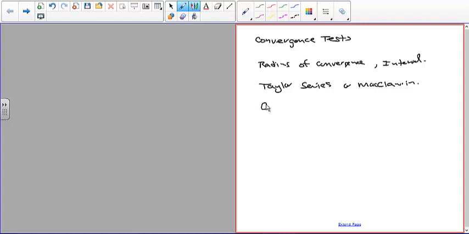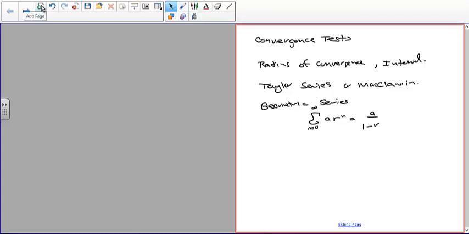And we also looked at deriving what the infinite series are from the result that the summation from n equals 0 to infinity of a times r to the n is equal to a over 1 minus r. Okay, so those are the different areas.